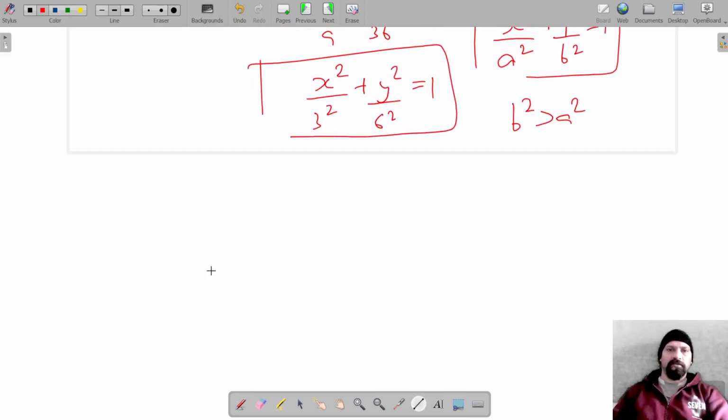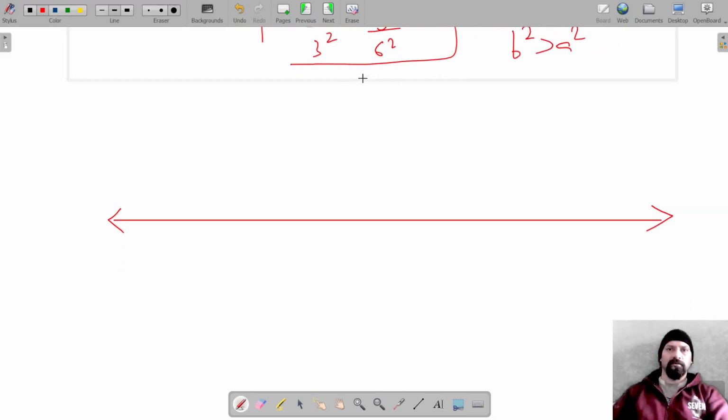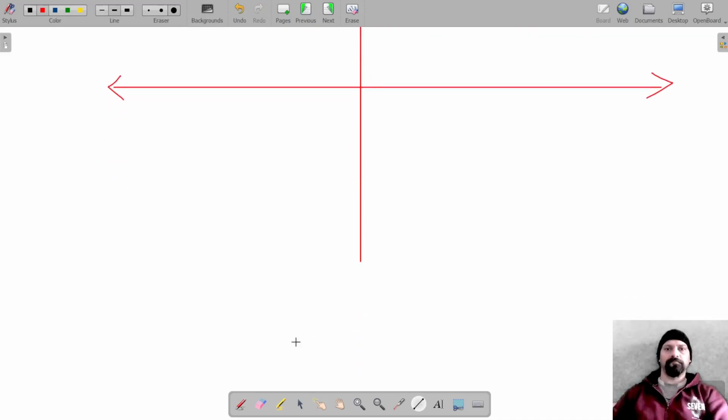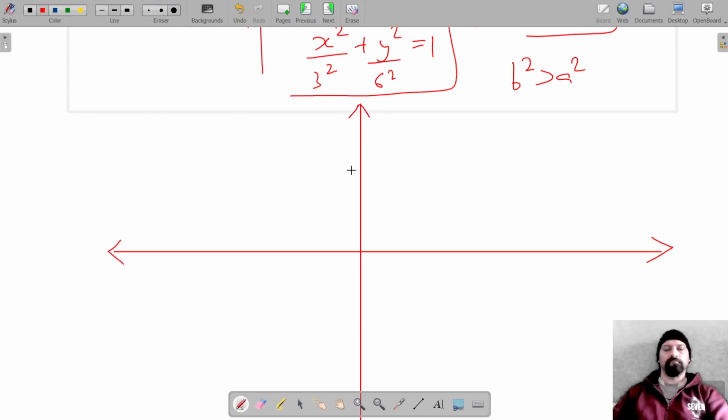So that means the ellipse has its major axis on the y-axis.